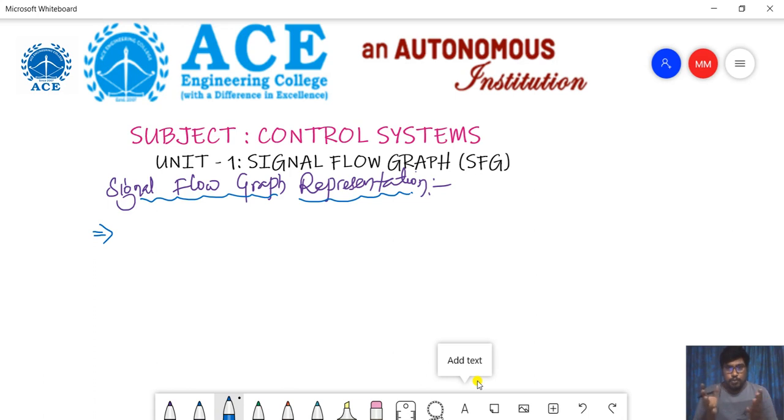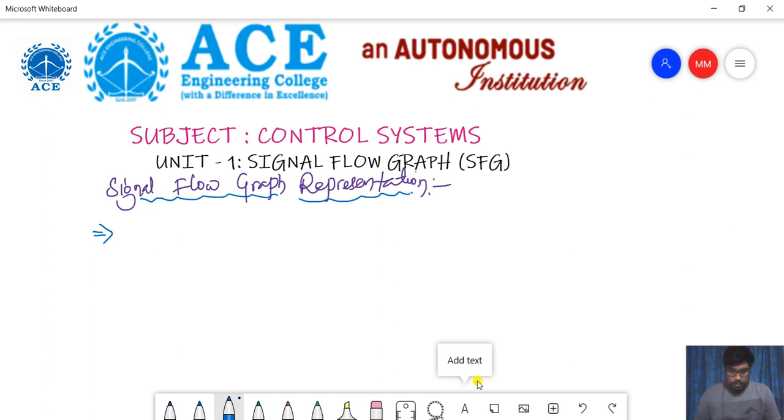SFG basically contains Mason's gain formula, and by using that formula we can compute the overall gain very easily. This is a major advantage compared to the block diagram reduction technique.